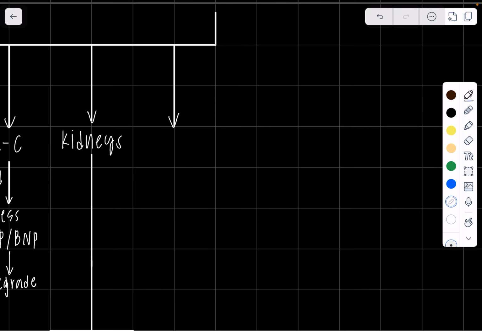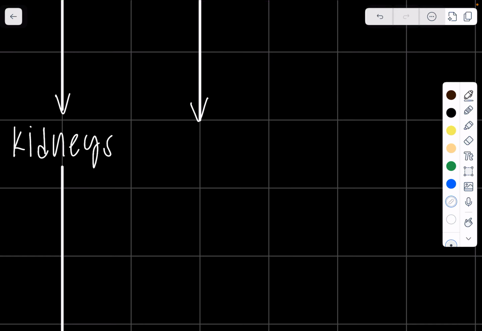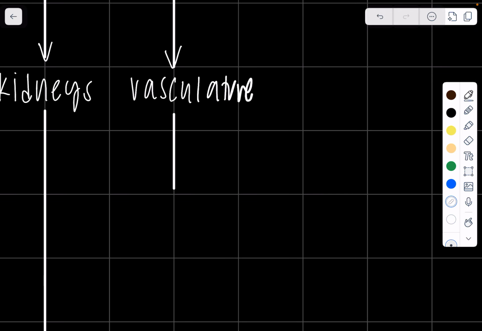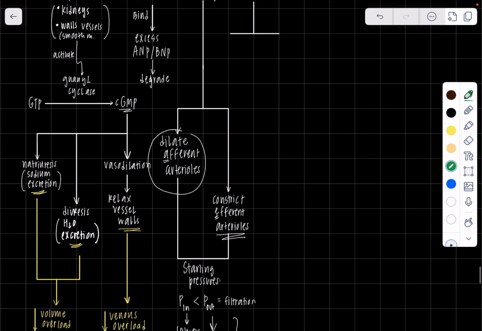Moving forward, the ANP BNP hormones also act on receptors in our vasculature. We talked about that already. If we look back at NPRA, we talked about this vasodilation feature.